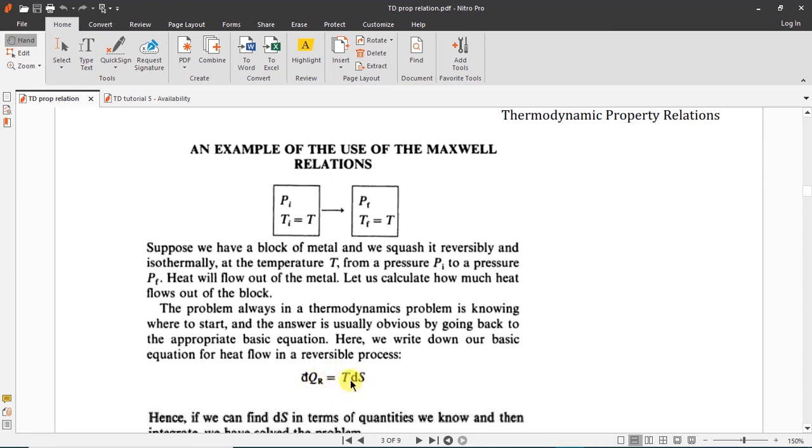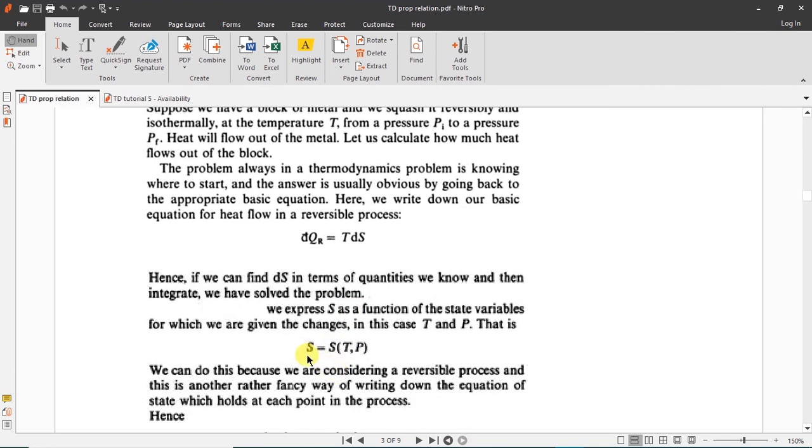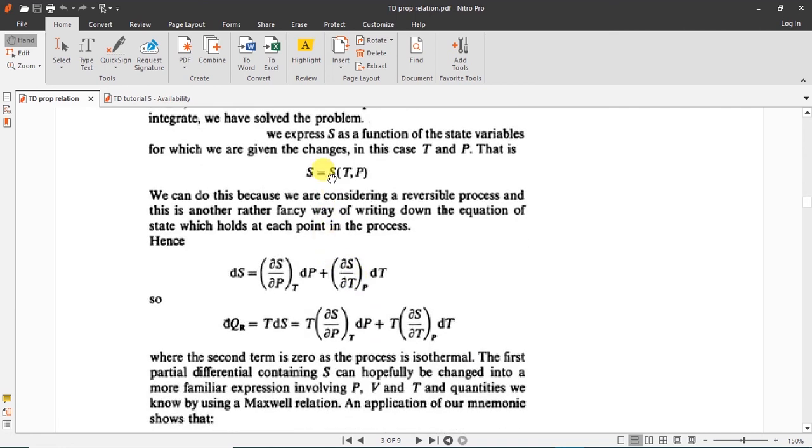So in this case what we can do is, we can express entropy as a function of temperature and pressure, differentiate this equation. What you will get? dS is equal to dou S by dou T when pressure is held constant dT plus dou S by dou P when temperature is held constant dP.